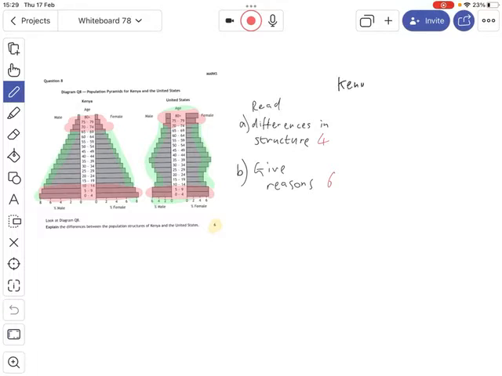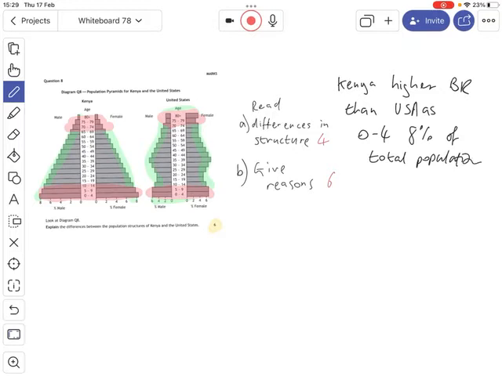I say, Kenya, higher birth rate than USA, as in the 0 to 4 category, we're getting around, let's say, 8% male and female of the total population, in comparison to about 6% in USA.